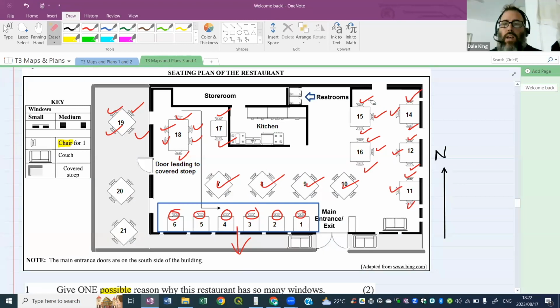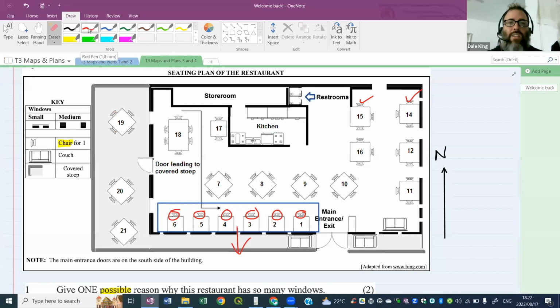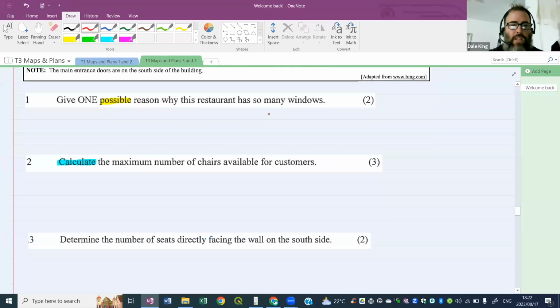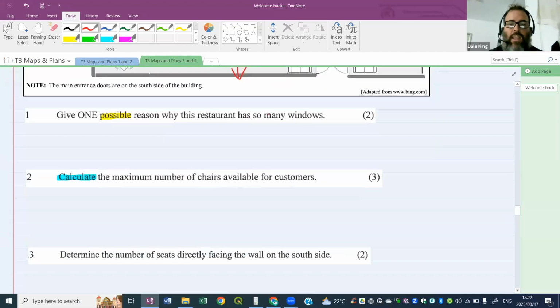There are also chairs up here. I'll rub out all these other ticks and leave the ones that I think you're talking about. There are chairs all over this restaurant that have south-facing chairs. For example, these two up here are south-facing chairs. So if the question was how many south-facing chairs are in the restaurant, we would have to count those as well. But if I read the question again, it says, determine the number of seats directly facing the wall on the south side.